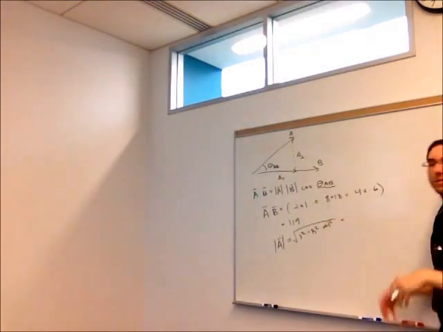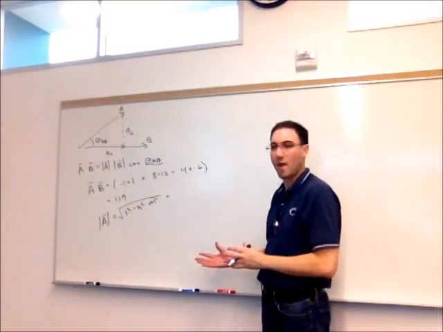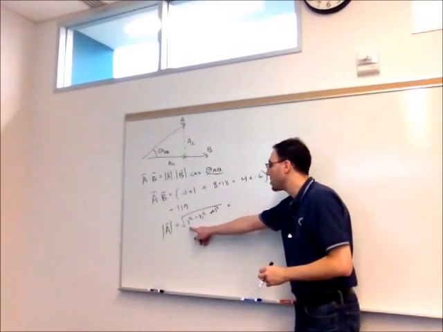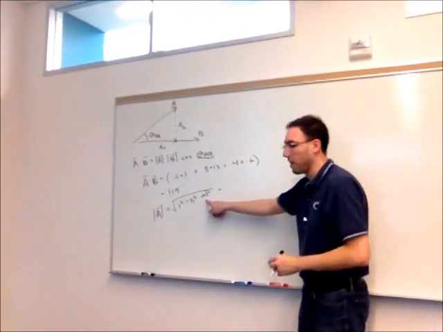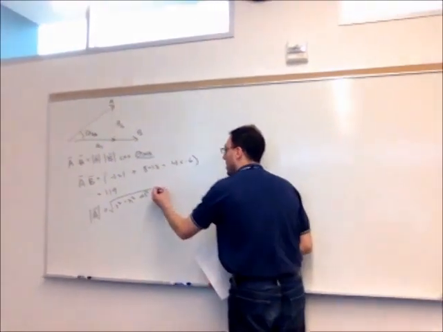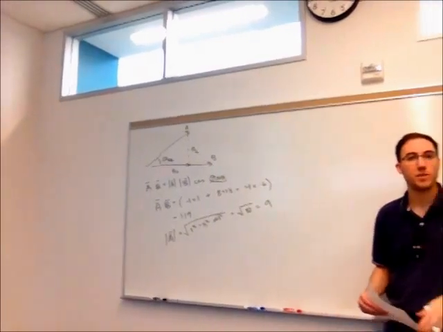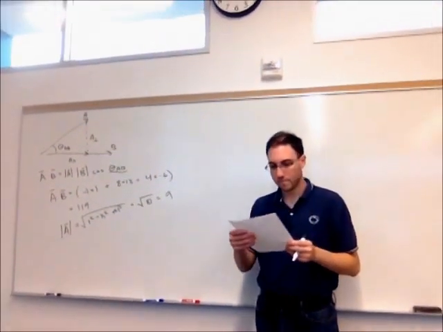Again, this is a very nice example because all the numbers are going to be nice and round. In general, it won't be. So 1 plus 64 plus 16 is going to be 81. So square root of 81, and this works out very nicely so that the magnitude of A is 9.